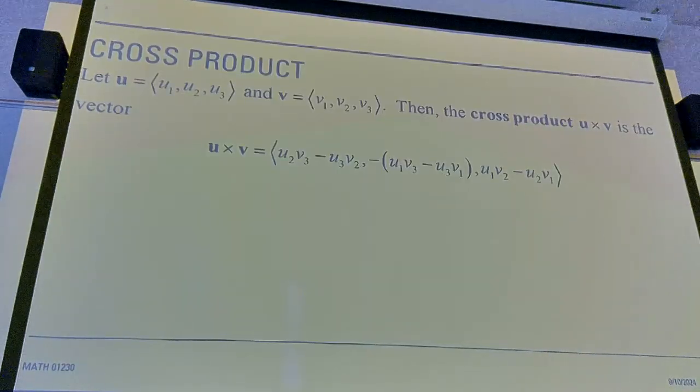Its first component is u2 v3 minus u3 v2. Second component, negative the quantity u1 v3 minus u3 v1. Third component, u1 v2 minus u2 v1.